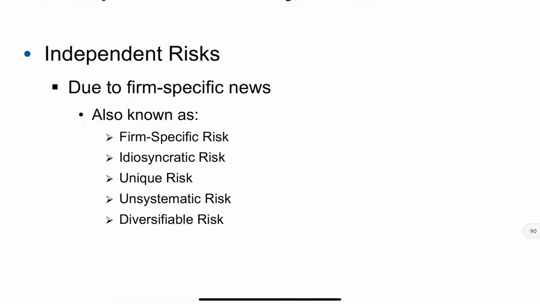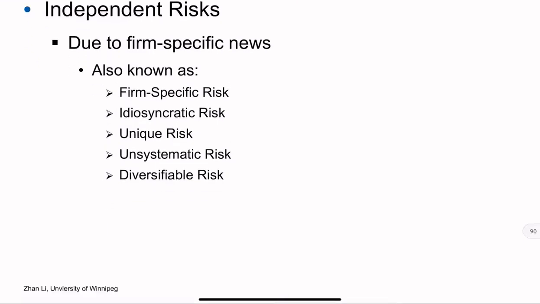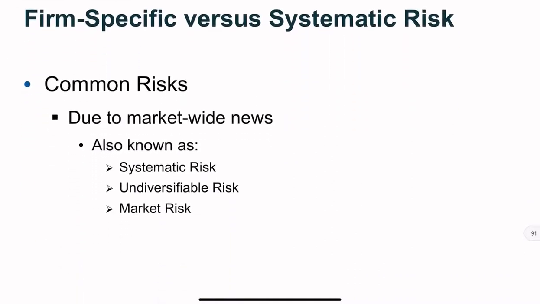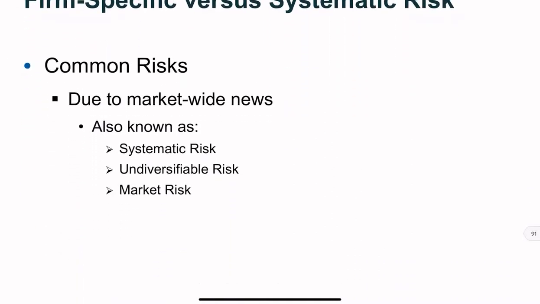And firm-specific news will bring us independent risks. Independent risk is also called firm-specific risk, idiosyncratic risk, unique risk, unsystematic risk, and diversifiable risk. And if there is market-wide news, this will generate common risk. Common risk is also called systematic risk, undiversifiable risk, or market risk.